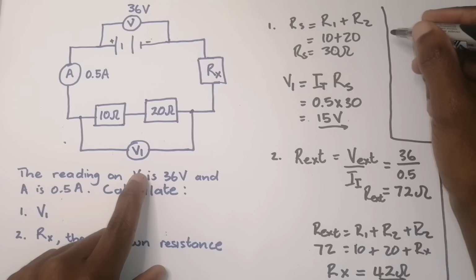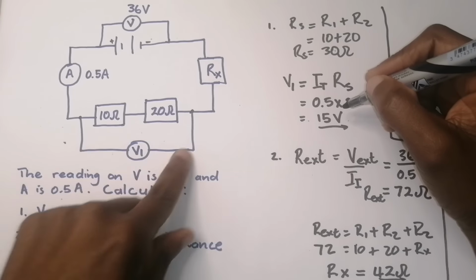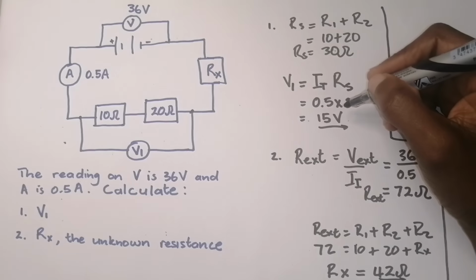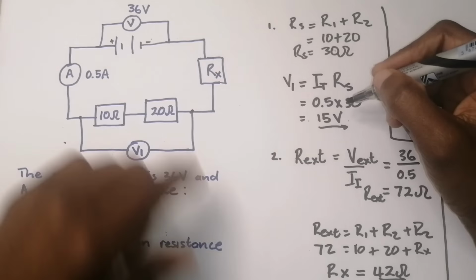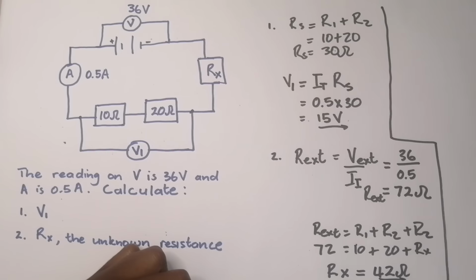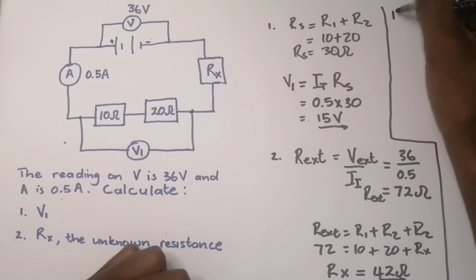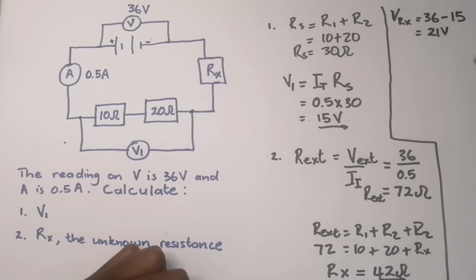I already know that I've used 15 across those two. So where's the balance of it? Of course, it should be across Rx. So the voltage across Rx will be 36 minus 15, and what will that give us? It will give us 21 volts.